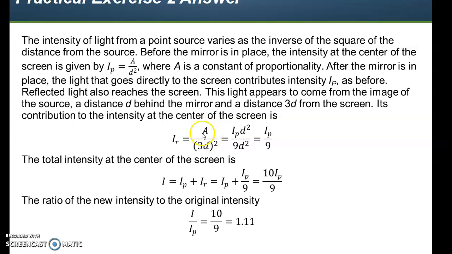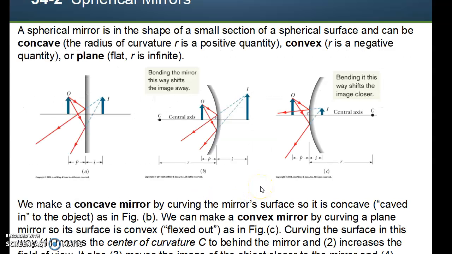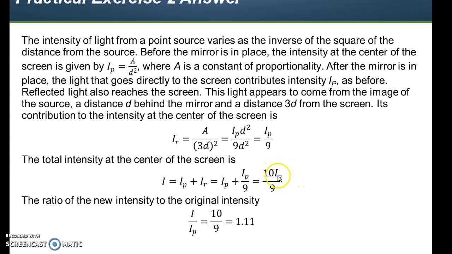A is the constant of proportionality. So this is going to be Ip d squared over 9d squared, which gives you Ip over 9. So the total intensity is Ip plus Ip over 9, for a total of 10 Ip over 9. The ratio to the original intensity is just 10 divided by 9, which is 1.11.